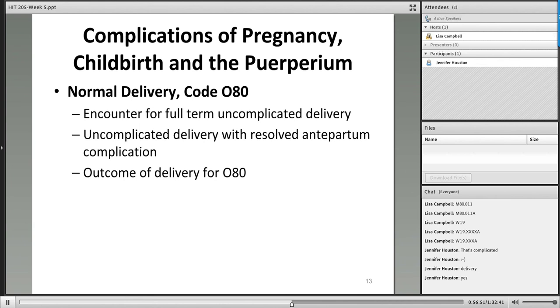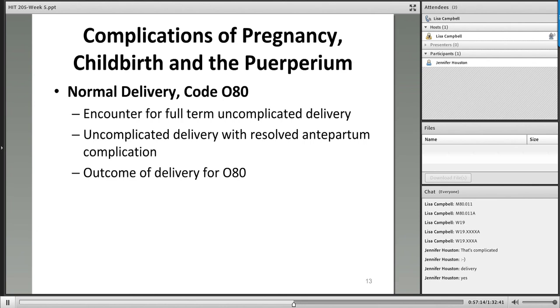So the only other code that can be listed with O80 are those Z3A codes. Z3A, Z37. That's the only thing. You can't say that it was breech and it was normal. You can't say it was twins and it was normal. It has to be full term.